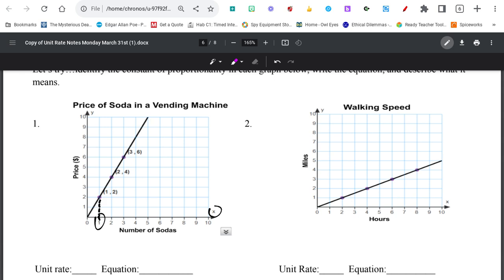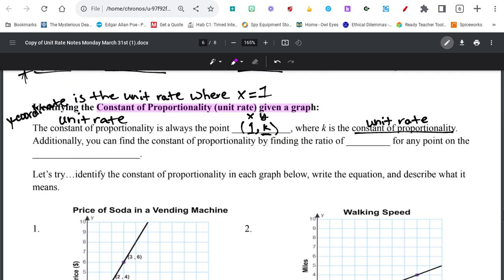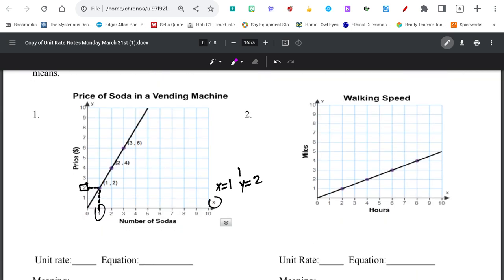So if I go up, there's a point, and the y value is 2. So when I have an x that was 1, my y was a 2. Well, whenever you have an x that is a 1, that y is also your unit rate, okay? So that y value was 2, so k is also 2. Your unit rate is 2.